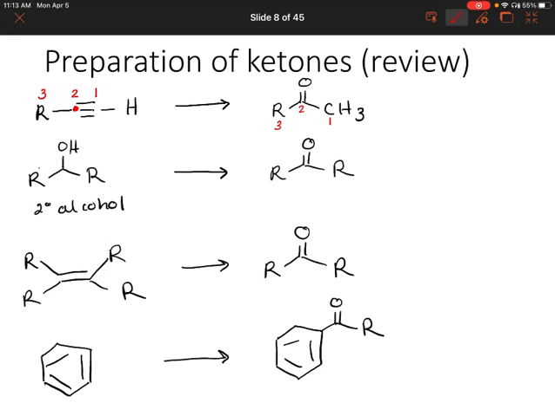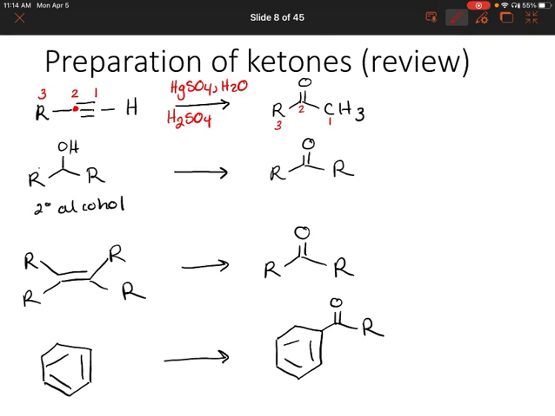Markovnikov addition, because that's the more substituted carbon. So, which reagents could we use here? So we could use... okay.